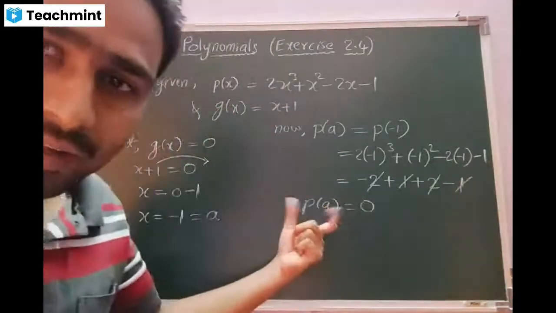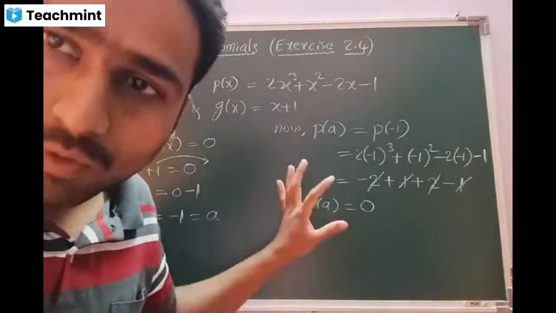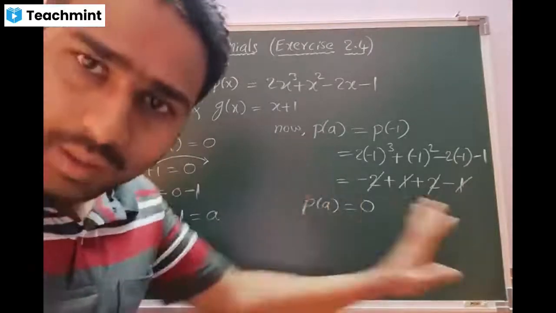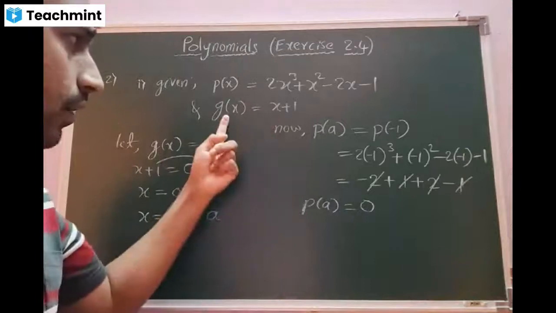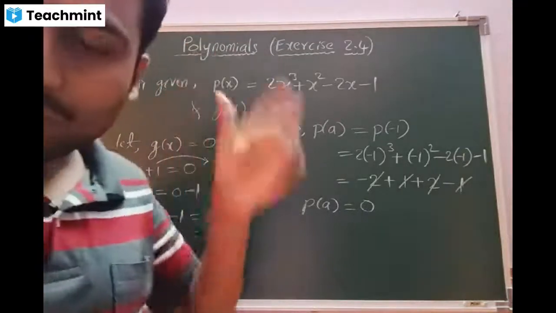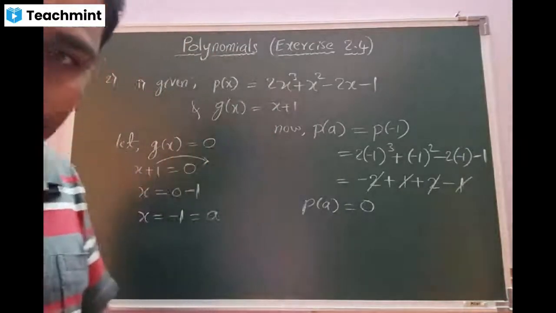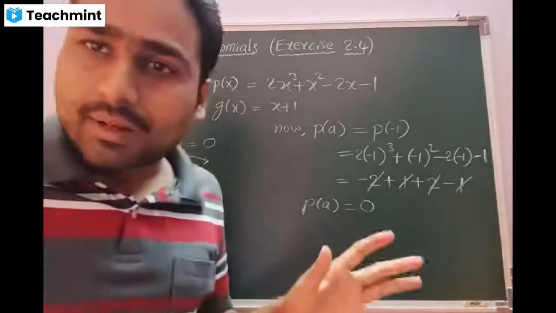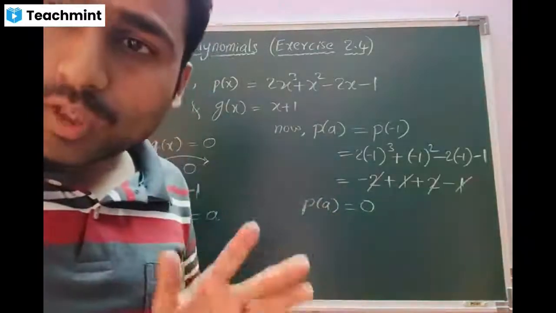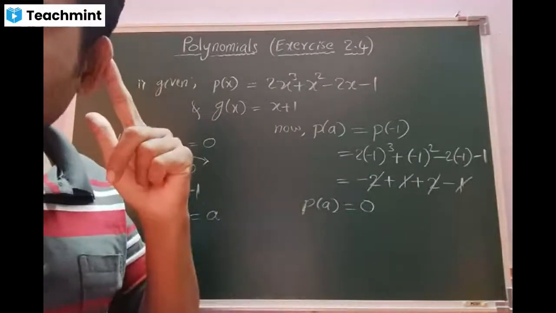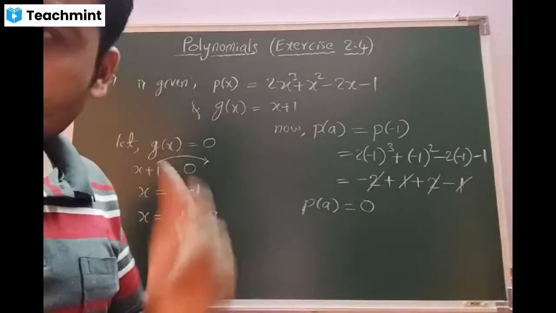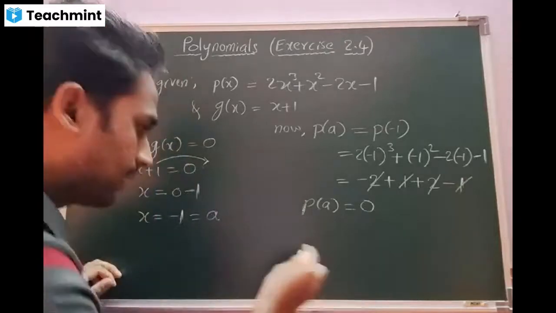Since the final answer p(a) is 0, and p(a) is nothing but the remainder, when the remainder is 0, beta, what can we say? This one, that is g(x), is a factor of p(x). Correct, beta? Yes, sir. It is nothing but according to the factor theorem. Am I right? Yes, sir. So let us write.